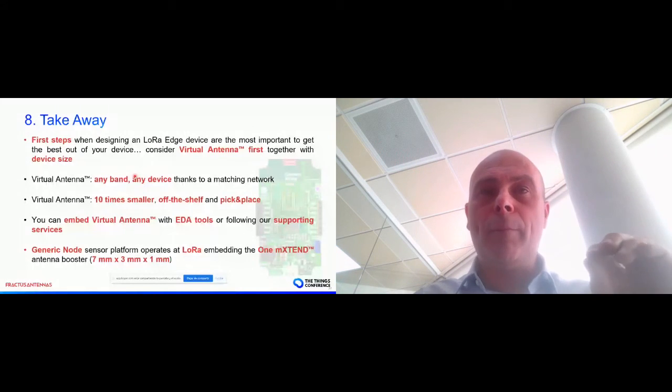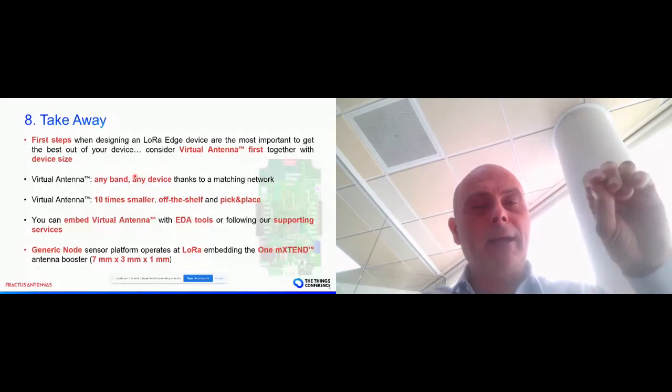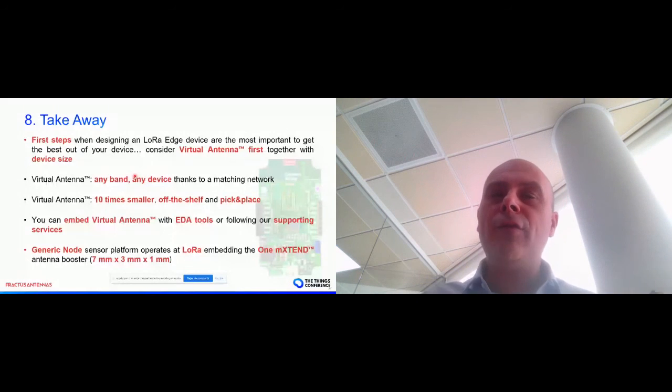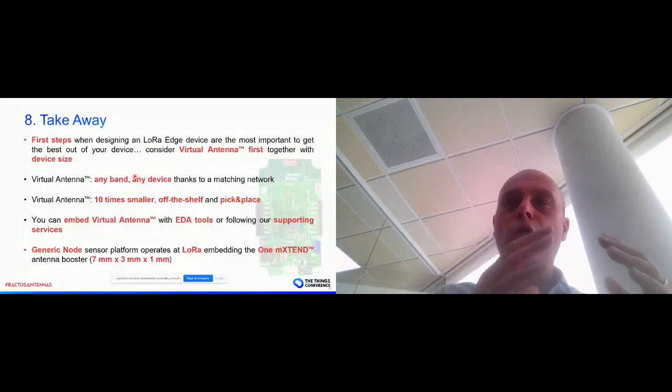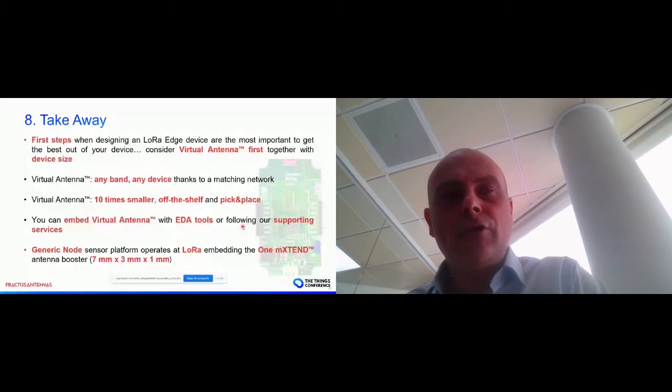It's an off-the-shelf component, ready to use on your PCB. It's pick and place, so it can be automatically placed on your PCB, on your device. We have plenty of tools for you based on electronic design tools. And if not, we have also plenty of supporting tools from the proof of concept down to certification.